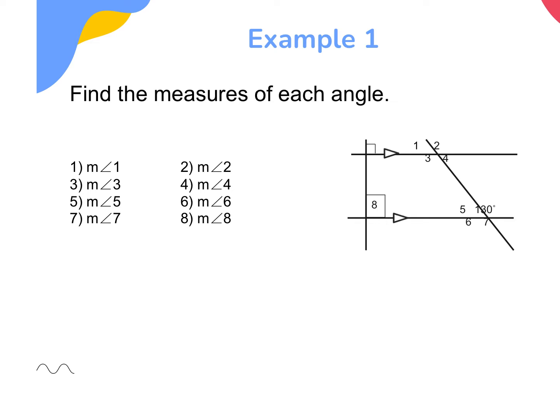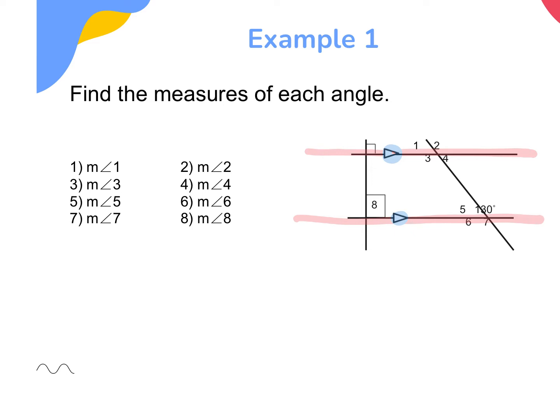In this particular picture, there's actually 2 transversals. Notice my parallel lines are located here and here because they have this arrow on them indicating that those are the parallel lines.